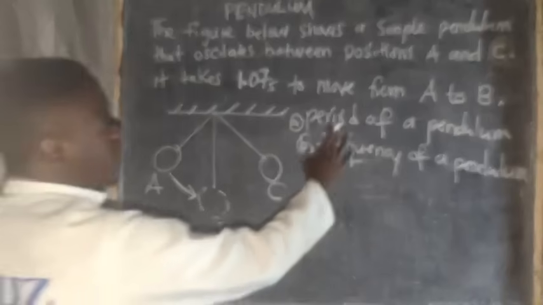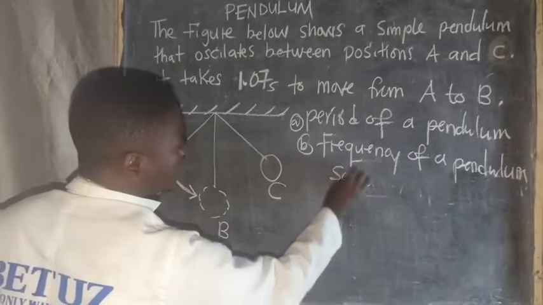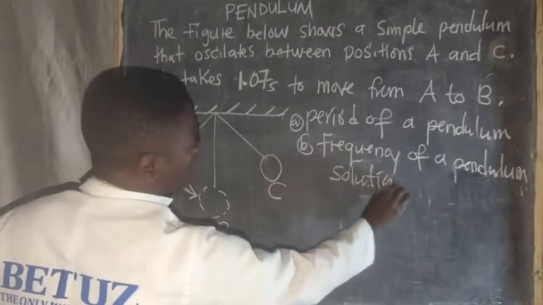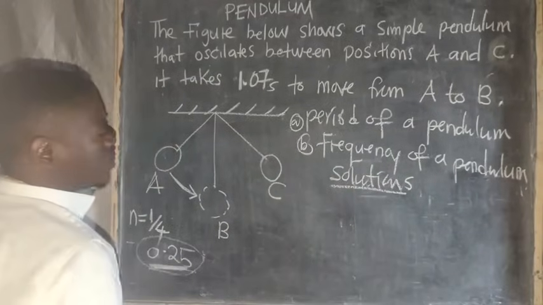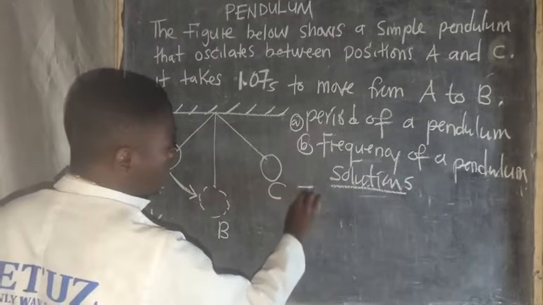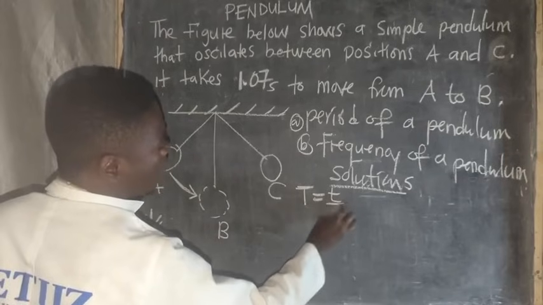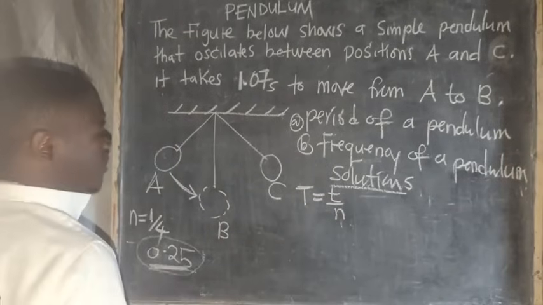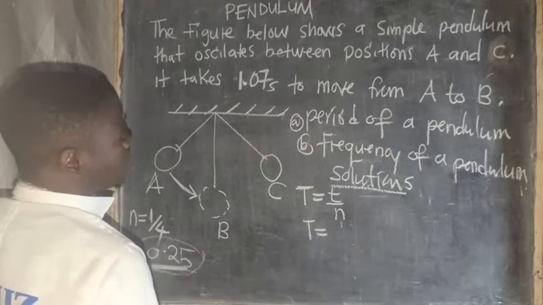So meaning that the value here, what we are going to calculate. So I want to see people that are following. How many people are following? So solutions here. I'm going to say period is given by the formula T over N. I know that this is the formula I'm going to use, where I'm going to say period is equal to, what is the time?